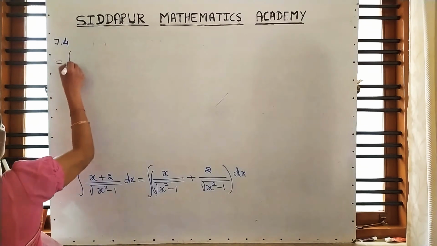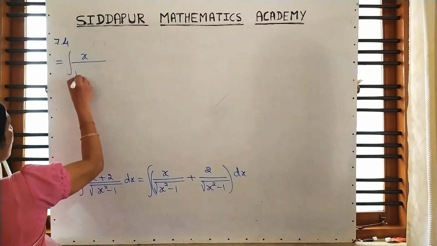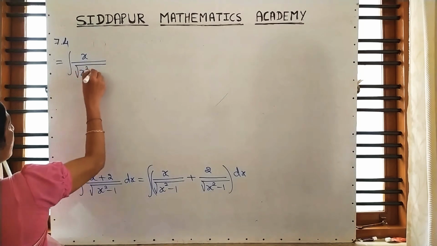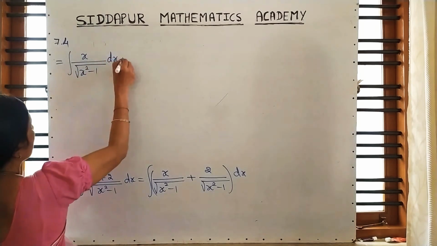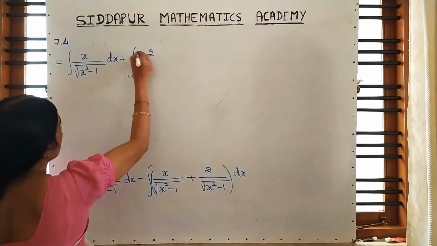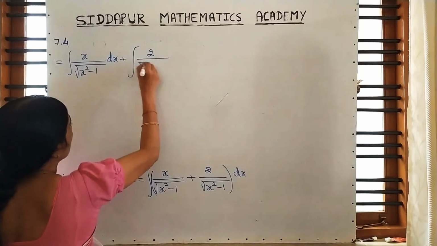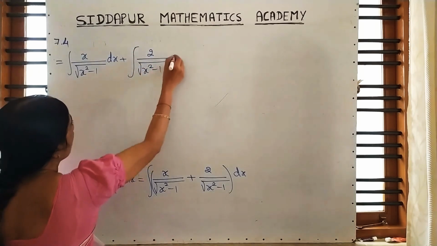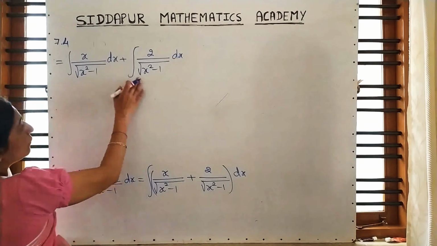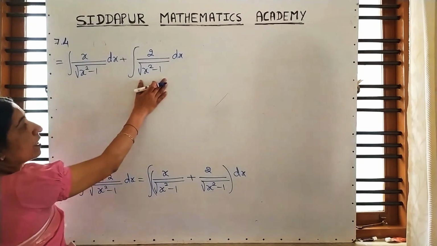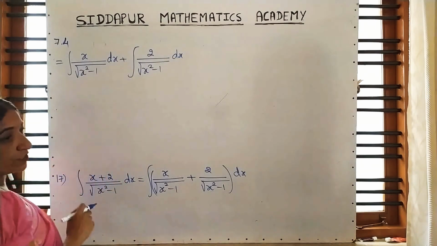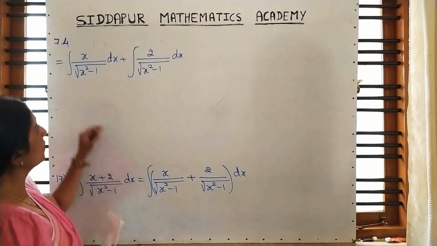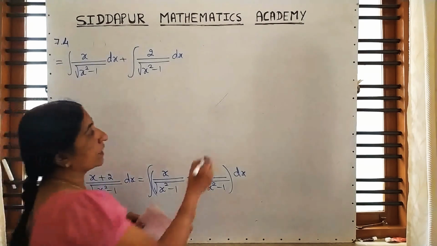So it is integration of x upon root of (x² − 1) dx plus integration of 2 upon root of (x² − 1). Out of these two, for the second one we can apply the formula directly, but for the first one we cannot apply because in the numerator we have an x.